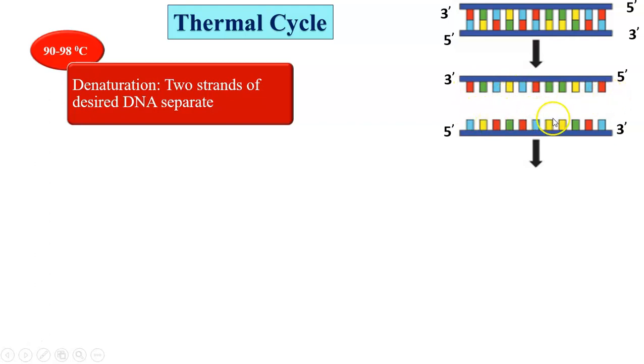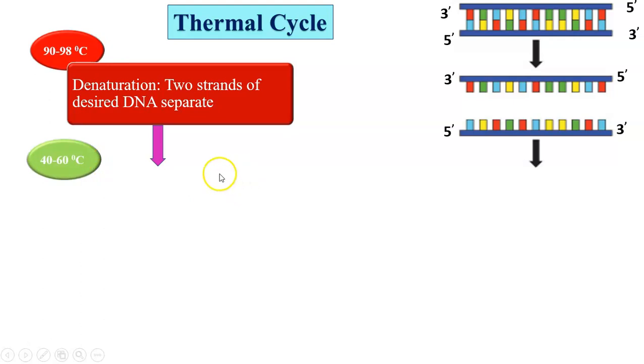Against each single strand, the fresh deoxyribonucleotides will be collected and the double-stranded DNA will be formed. So this is the first cycle where the two strands separate and become single-stranded DNA. For this, very high temperature is required.